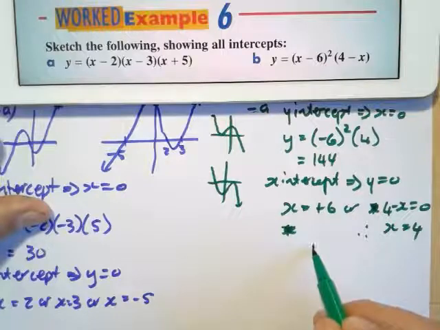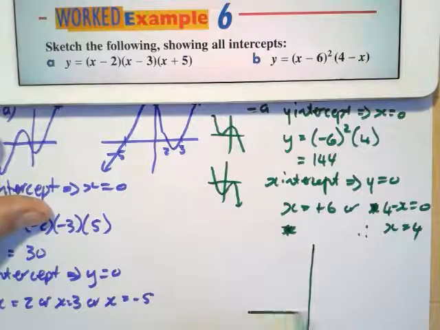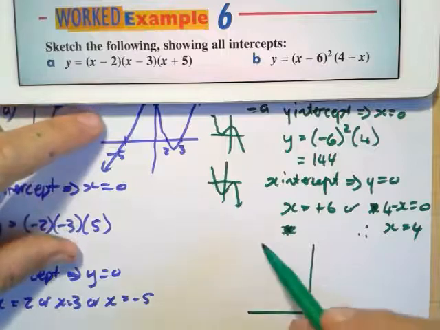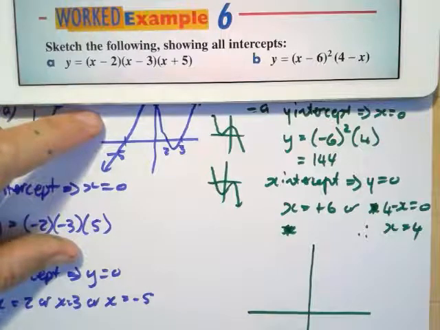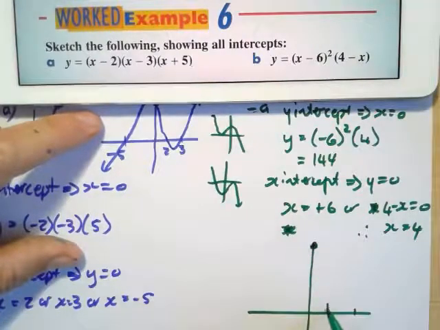If I draw my graph now, that's all I need. It's going to start there and it's going to finish there. It's going to turn on positive 6, and it's also going to go through 4. It's going to go through 144, and it's going to finish where x is negative, so up there.